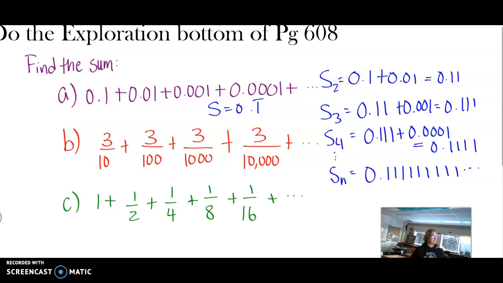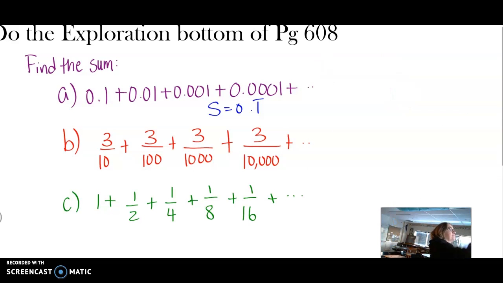So look at B. Think about what the sum of the series would be. If you have 3/10 plus 3/100 plus 3/1000 plus 3/10,000, what happens?